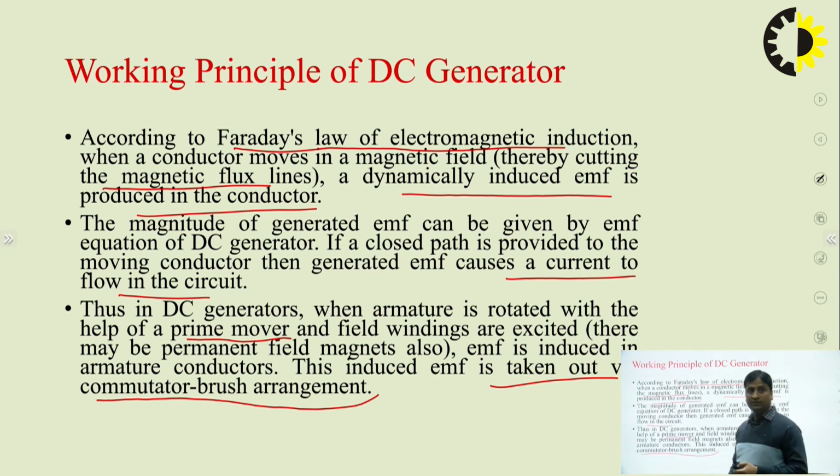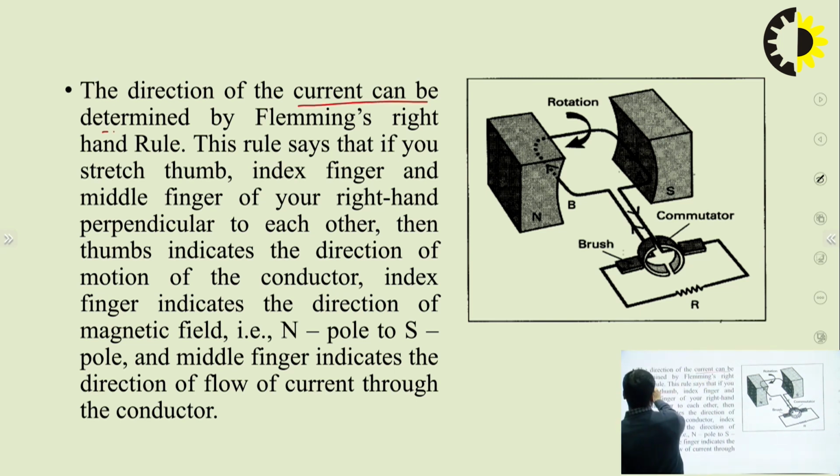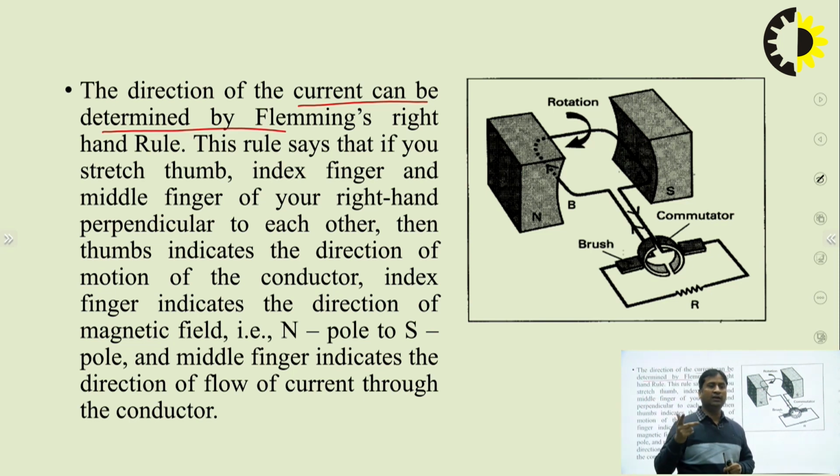Let us discuss in more detail the generation of voltage in the generator. The very important part is how we find the direction of current in a DC generator. For this we have the Fleming right hand rule.